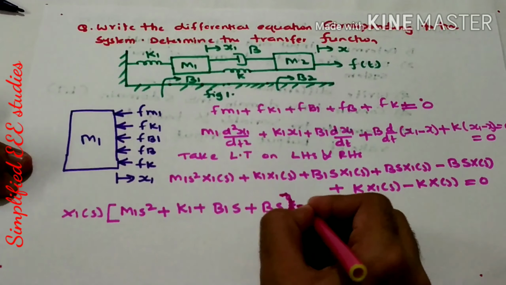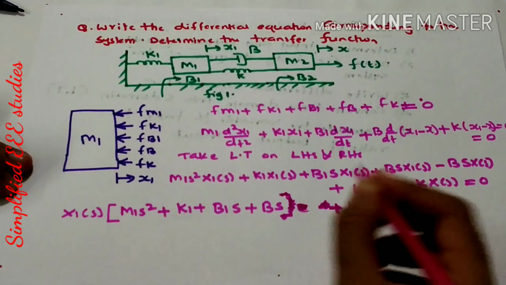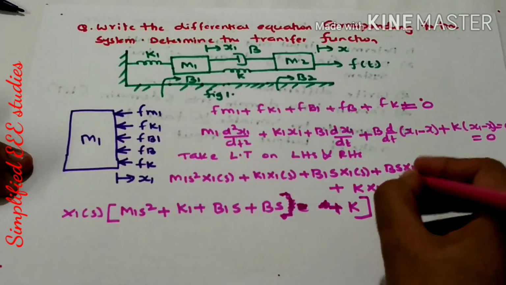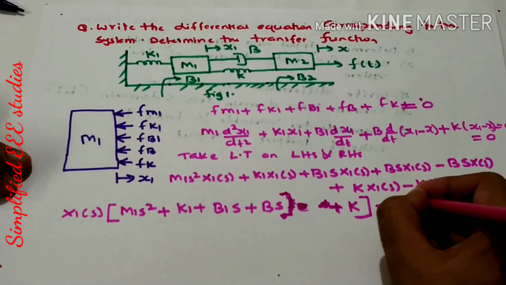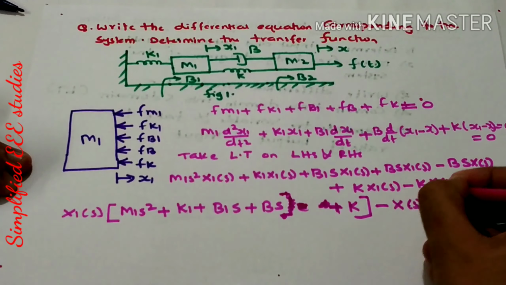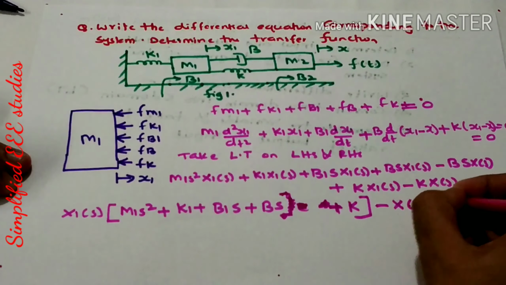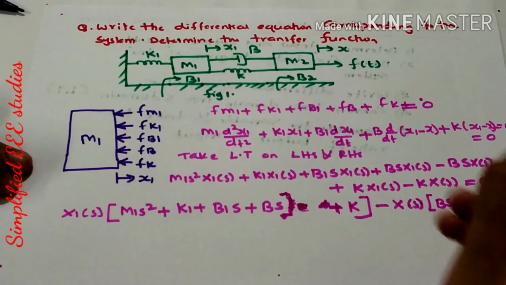Okay, bs plus k minus x of s into bs plus k, that is equal to 0.